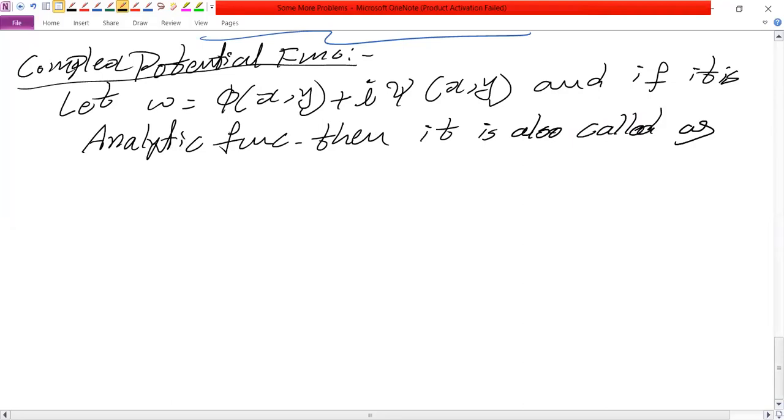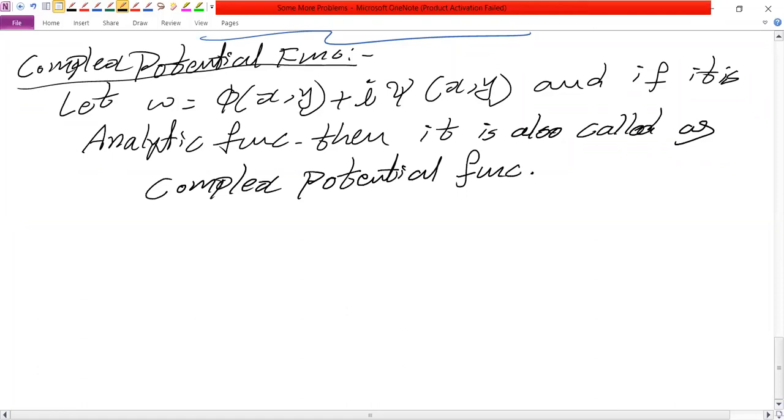So what is one more name for an analytic function from now onwards? Complex potential function. Okay, another name for the analytic function is complex potential function.